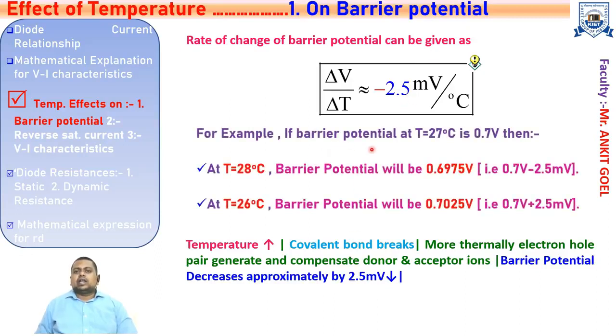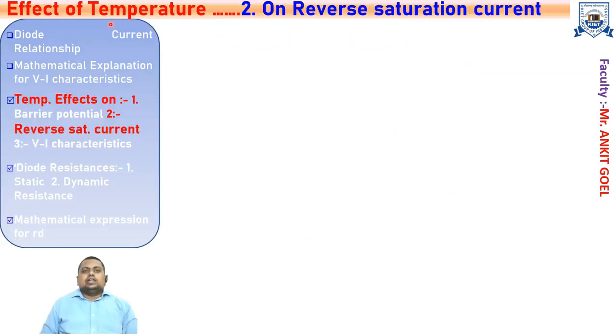If the barrier potential at room temperature is 0.7 volt, and we increase the temperature by 1 degree centigrade, the barrier potential will become 0.6975 volt. It decreases by 2.5 millivolt. Or if I decrease the temperature from 27 degree centigrade to 26 degree centigrade, your barrier potential will increase by 2.5 millivolt.